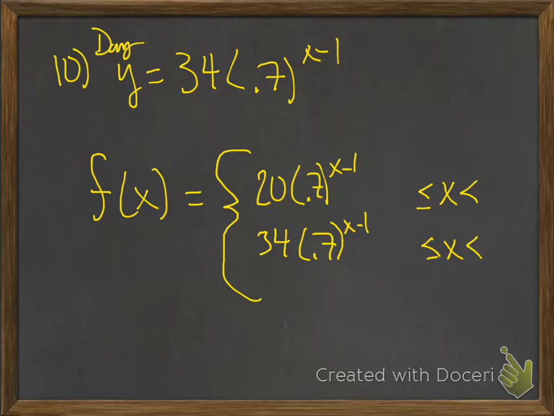Then let's try 10 through 14, write a function and data table. We want to set up some more piecewise functions, and notice these will be restricted to a certain day.